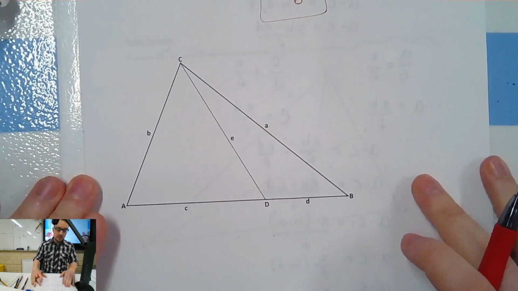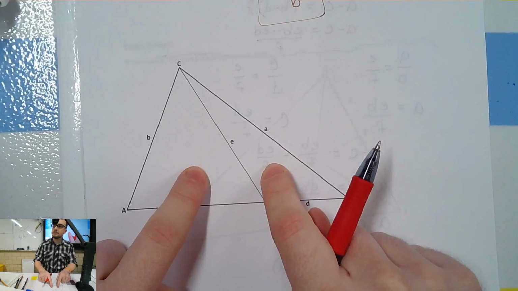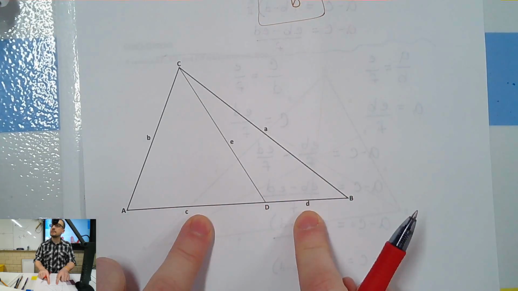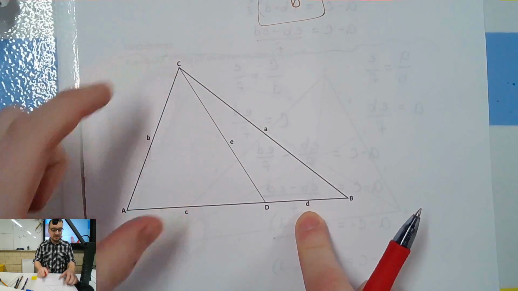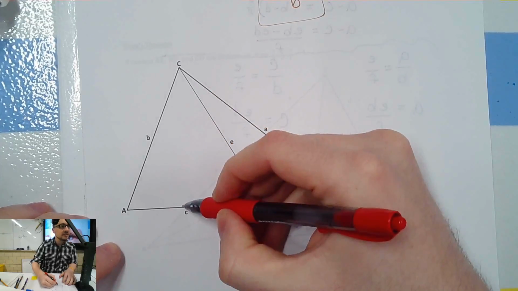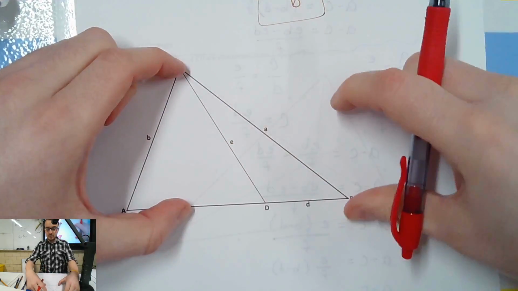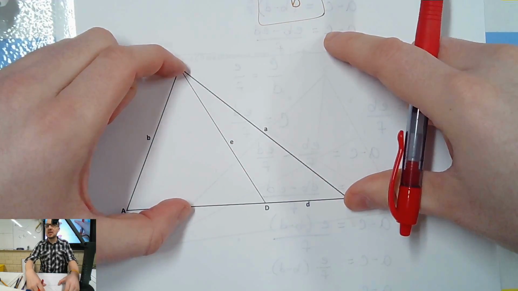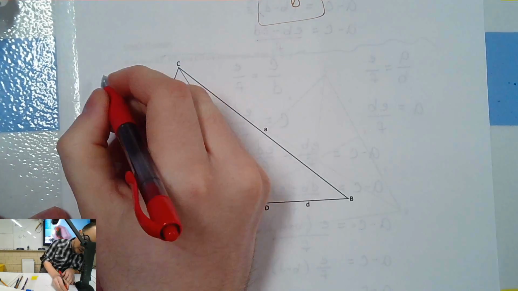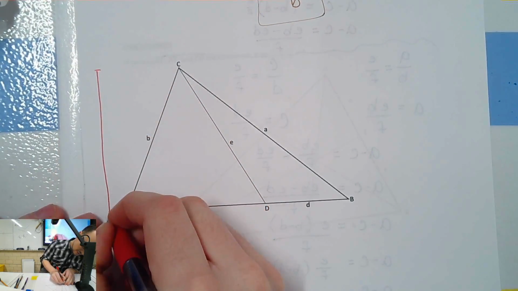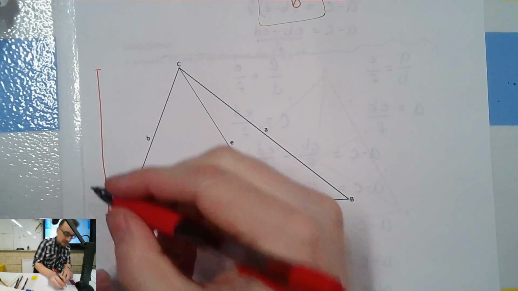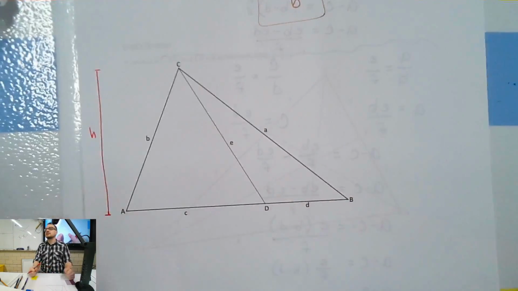Now, something is very interesting about these 2 triangles. They have different bases. But what about their heights? They're the same. They're the same height, right? From here to here is the height of this guy. And isn't it that same line the height of this one? They're the same height. Now it looks weird because one's at an angle. But because they're both inside this triangle, these little guys have the same height.